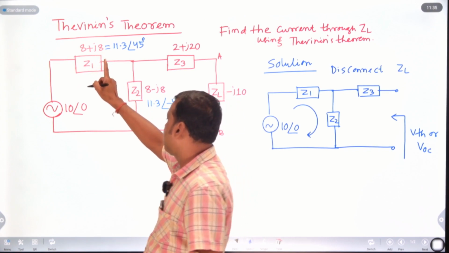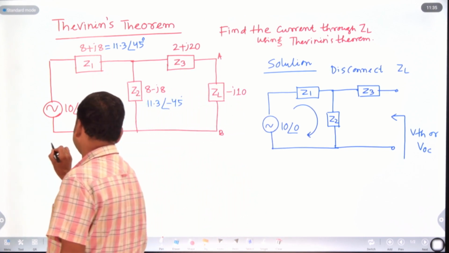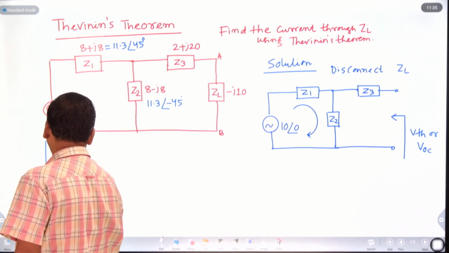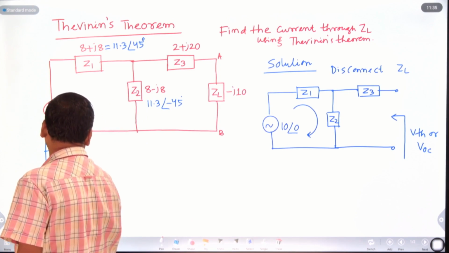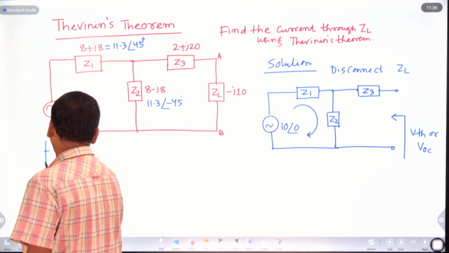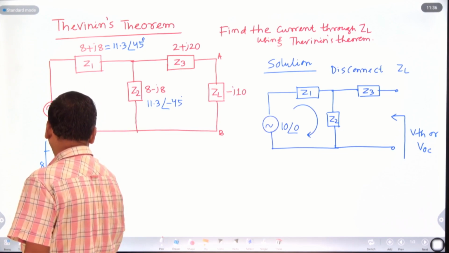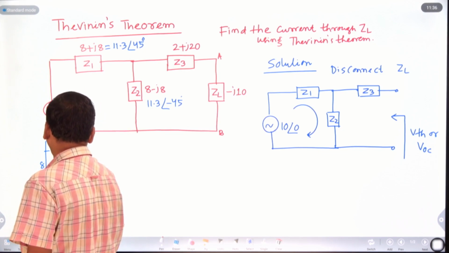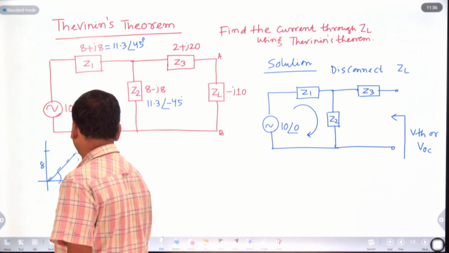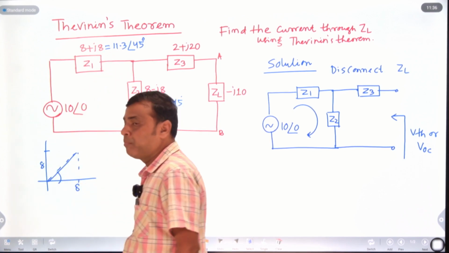To convert rectangular to polar: this is your real axis and this is your imaginary axis. This is 8 and this is also 8, and you calculate this value, which is the square root of this square plus this square, and it becomes 11.3.